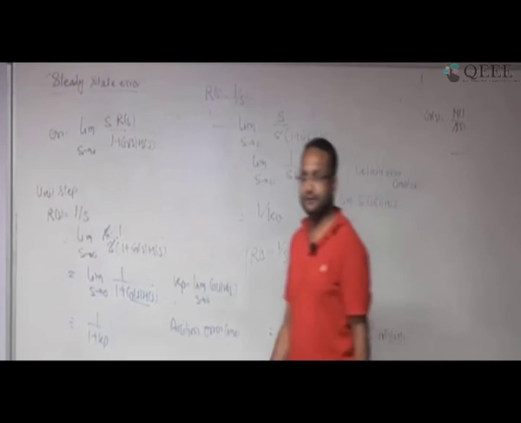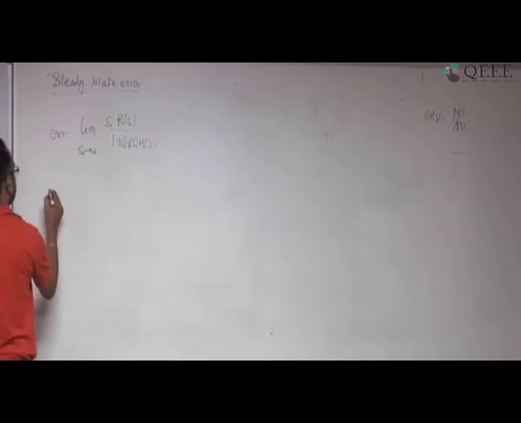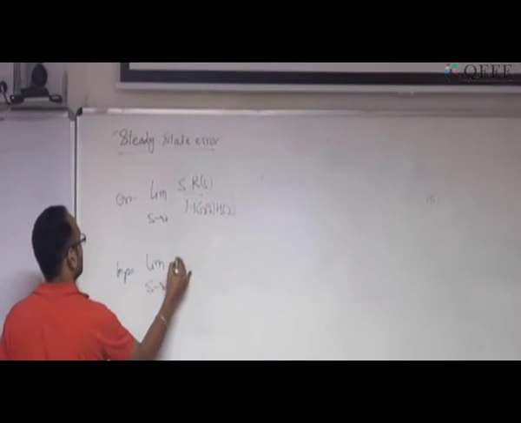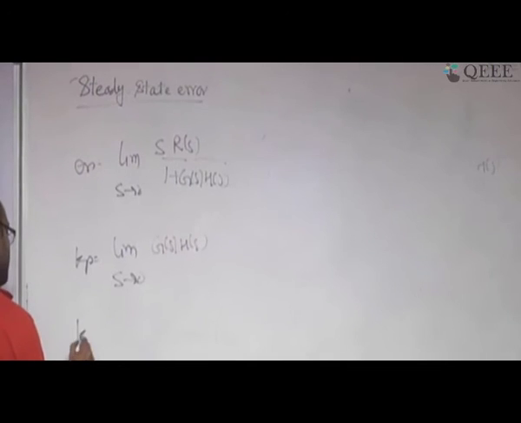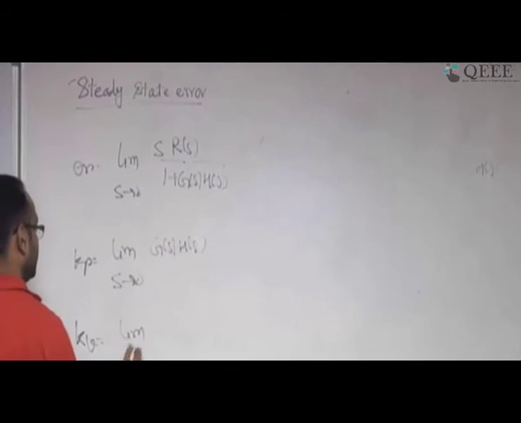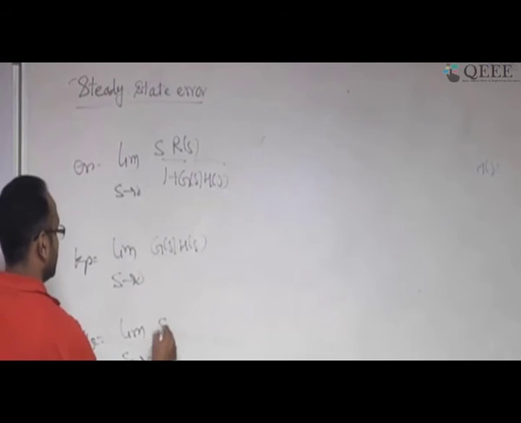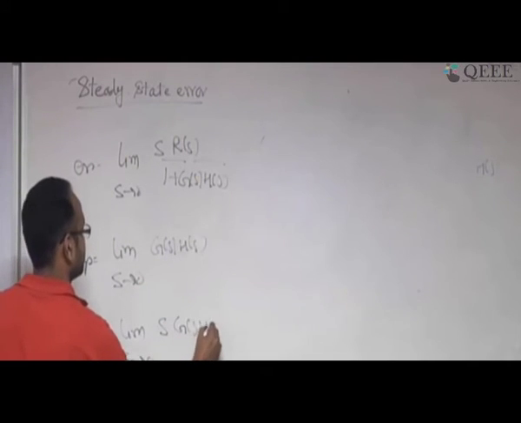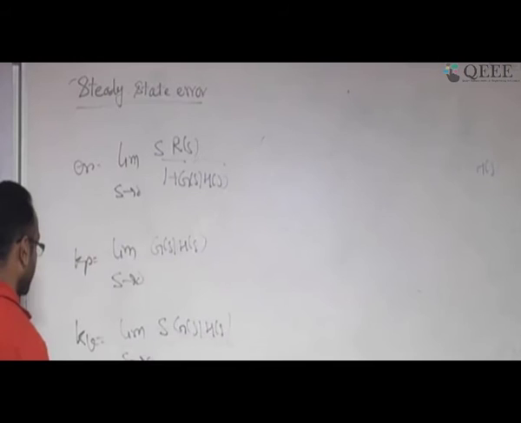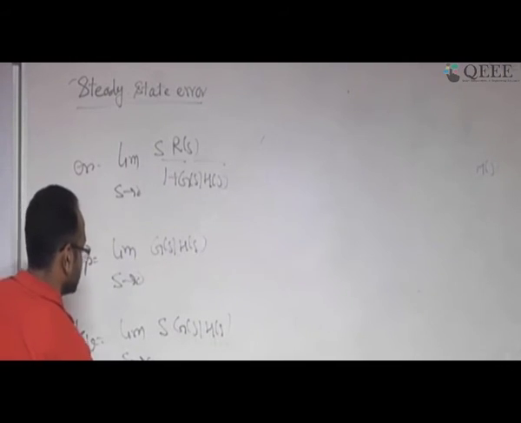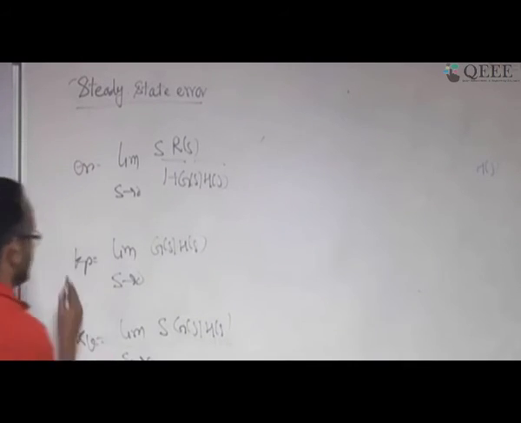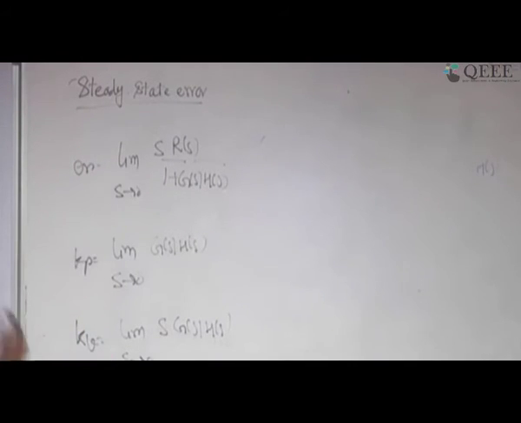This has a meaning I want to explain to you. So here I am just writing it. Kp is limit s tends to 0 of G(s)H(s). Kv is limit s tends to 0 of s G(s)H(s), and Ka is defined as limit s tends to 0 of s square G(s)H(s). These are the position error constant, velocity error constant, and acceleration error constant.